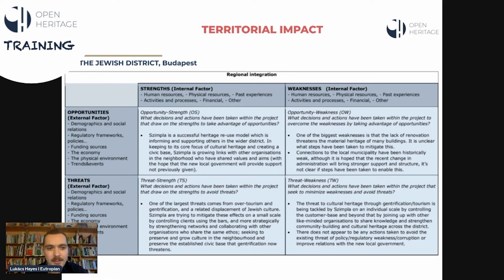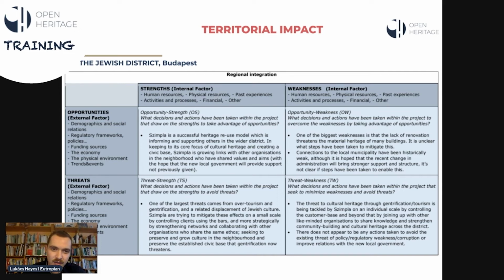in this matrix four cubes, and on the left they represent opportunities and threats, but as external factors.